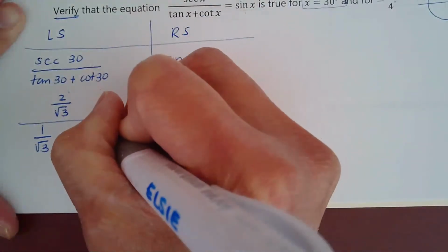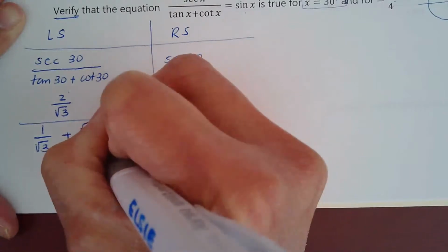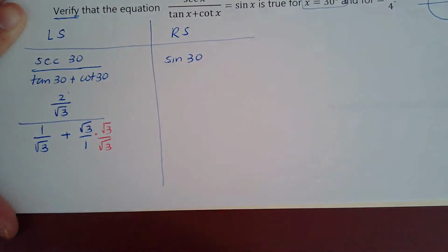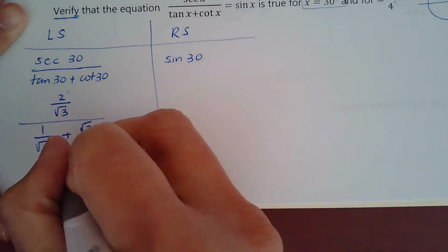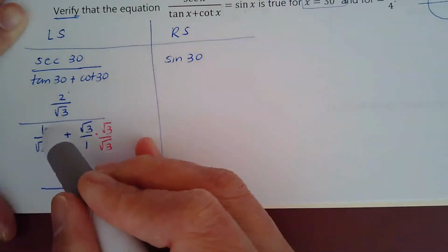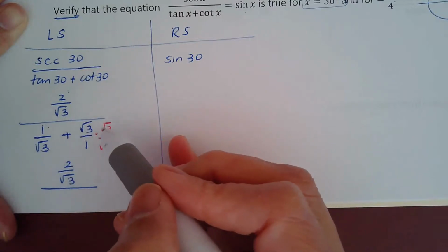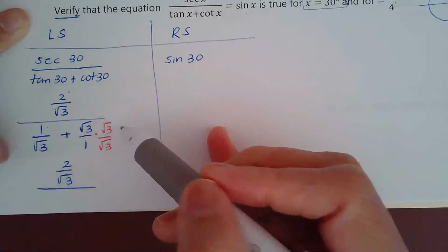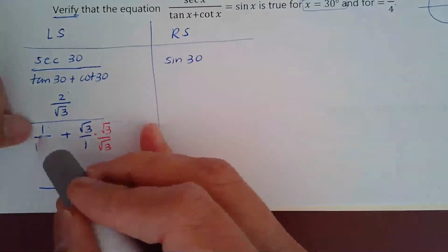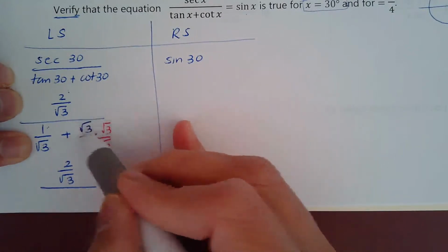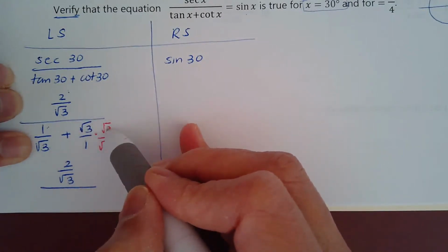So I'm going to multiply by root 3 over root of 3 here, so that the denominators are going to be the same. So I have 2 over root of 3, over 1 over root of 3 plus 3 over root of 3. Okay, so this is going to be 1 over root of 3 plus, okay, this one here, root of 3 times root of 3 is 3.